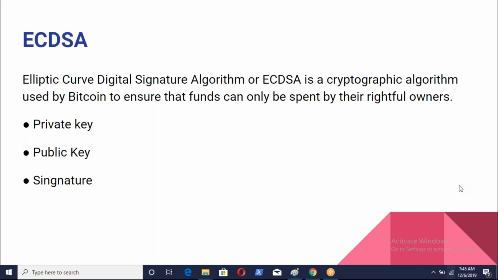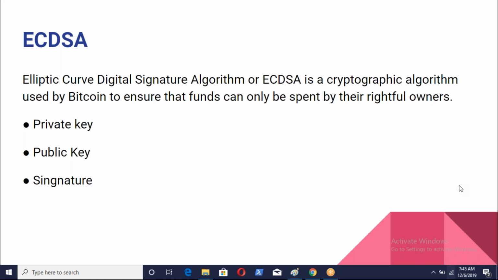For that purpose, we have concepts called private key, public key and digital signature. A digital signature is nothing but, once the transaction is initiated, the transaction is bound with the public and private keys and some encryption and decryption algorithms between them.